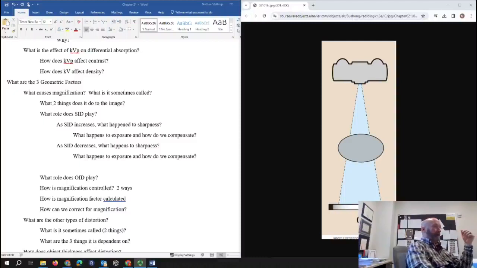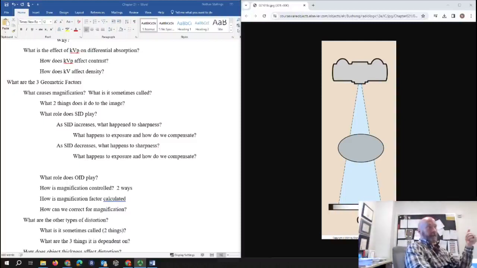Magnification, sometimes referred to as size distortion, does two things to the image: it creates size distortion, but you also lose sharpness of recorded detail. The role that SID plays is that as we increase SID, we're going to reduce magnification and gain sharpness of recorded detail.